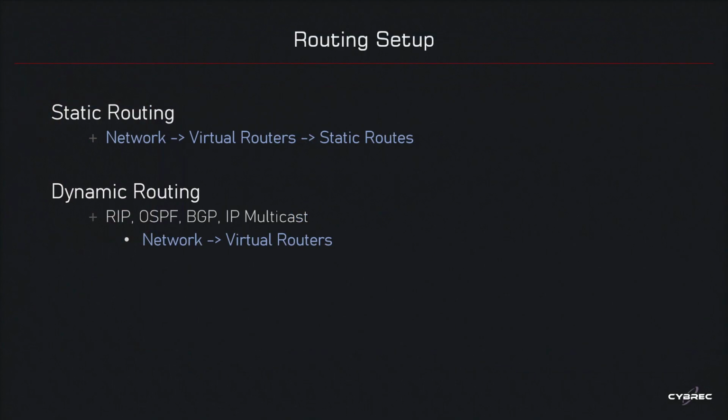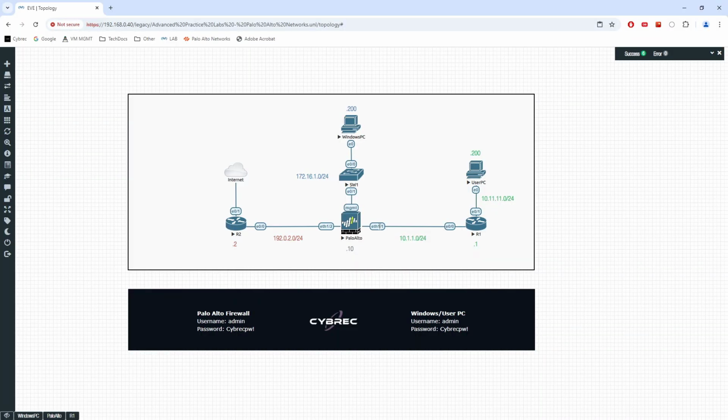We will configure a static route to point to router 2 on the outside, so the firewall knows how to get to the internet. So this is going to be a static default route where I'm gonna point to router 2, and then on the inside we will use OSPF.